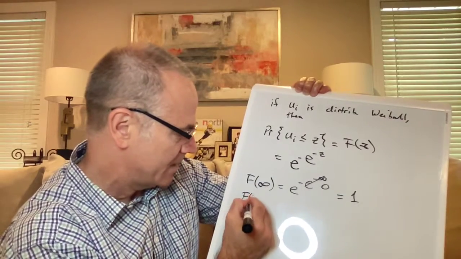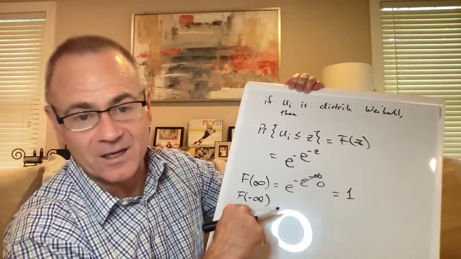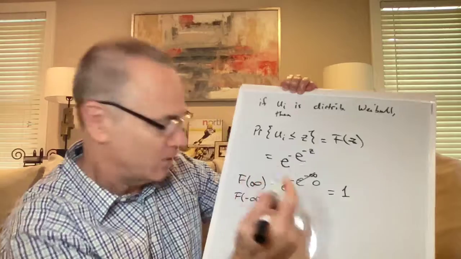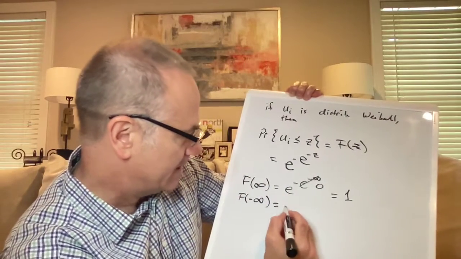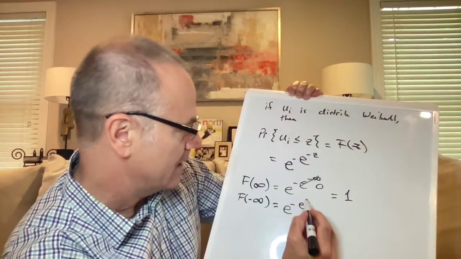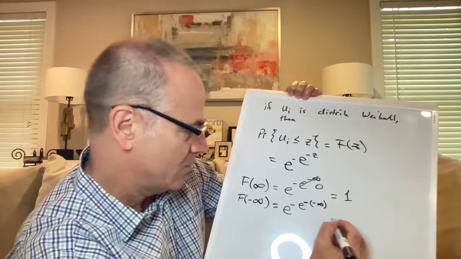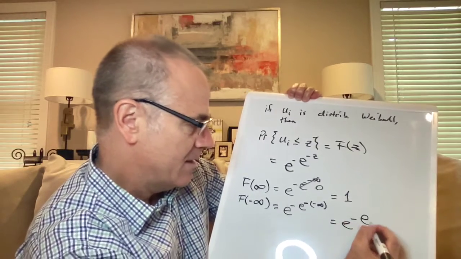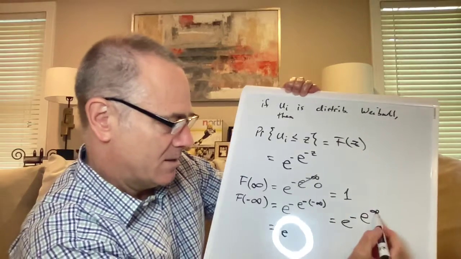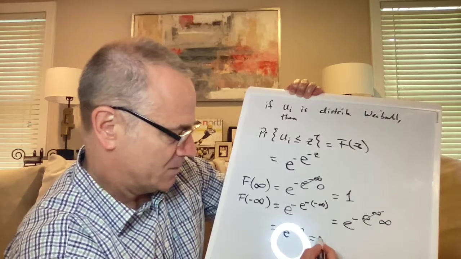Now we should also get F of negative infinity equals 0. So the probability U_i is less than negative infinity should be 0. Let's check. We get e to the negative e to the negative infinity, which equals e to the negative e to the infinity, and e to the negative infinity equals 0.